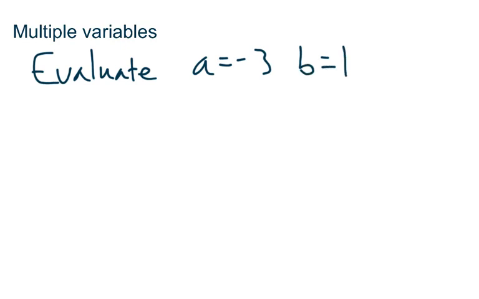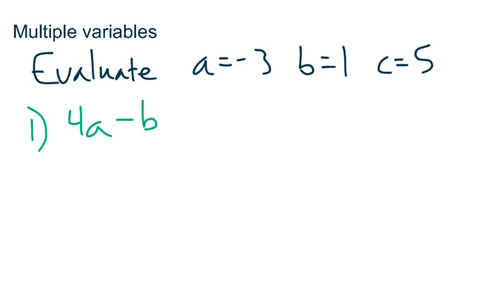Finally, let's talk about multiple variables. So let's say we're going to evaluate when a is equal to -3, b equals 1, and let's say c is equal to 5. And so our first expression is 4a minus b.